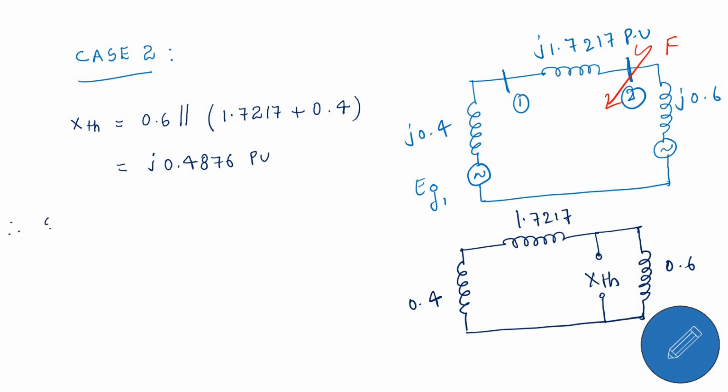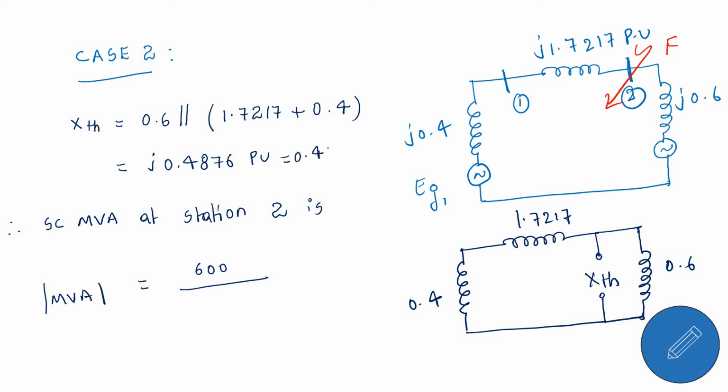Therefore, short circuit MVA at station 2 is base MVA 600 divided by the magnitude, which I am finding. This value is 0.4876 at an angle of 90 degrees.